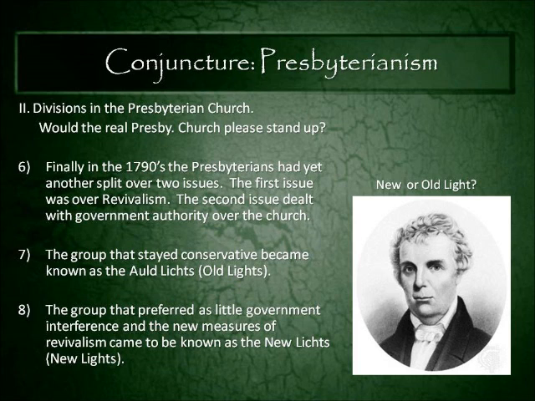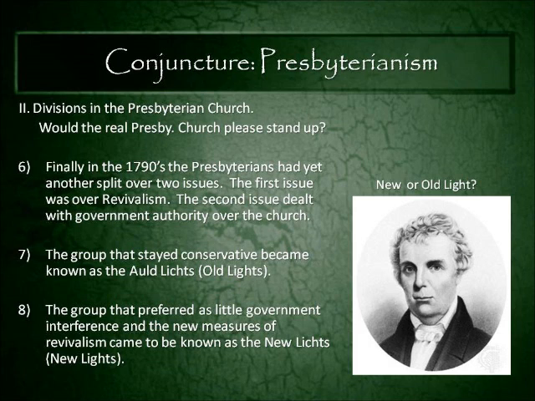Now, the group that is going to want to maintain the status quo are going to call themselves Old Lights. And they're going to say, we are skeptical of revivalism, and we're okay with the status quo of the government authority that is already being exerted over the church.